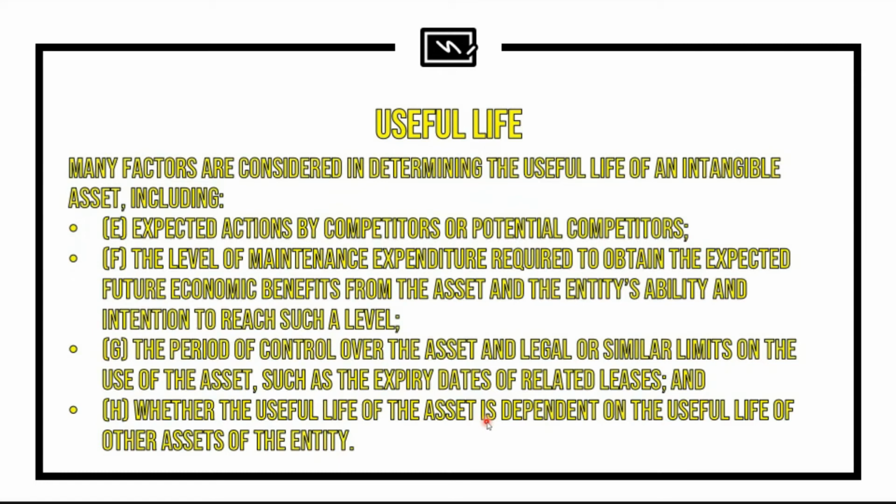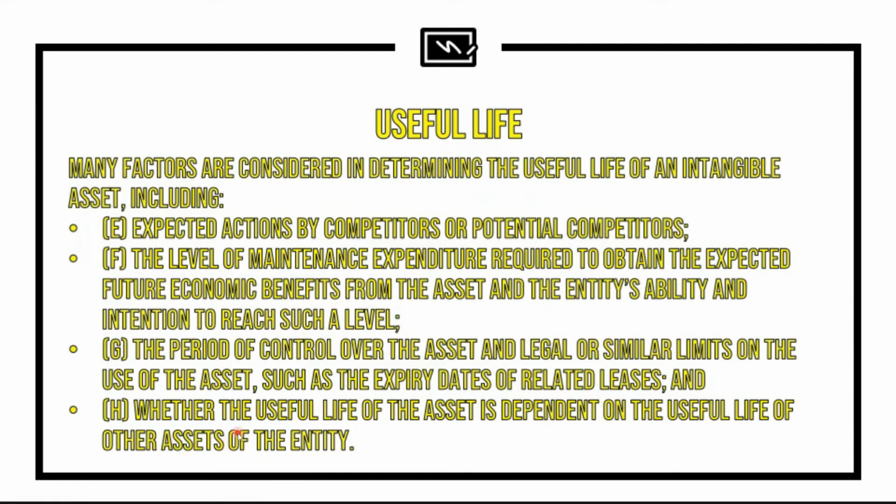So we will only consider the asset as useful up to the time that the cost of maintenance is still lower than the economic benefits that the company generates. Letter G is the period of control over the asset and legal or similar limits. So usually this is what we call legal life, or the number of years that is allowed by law for us to take control of the asset.